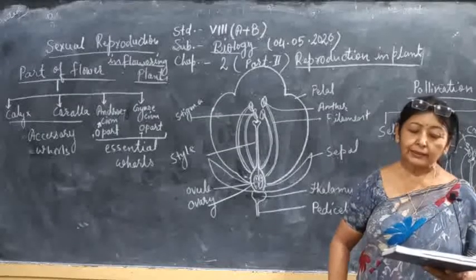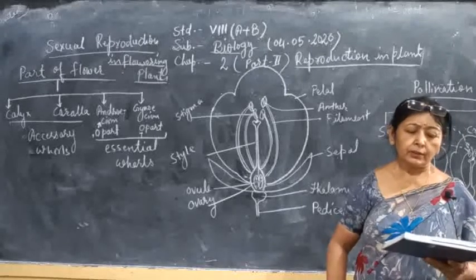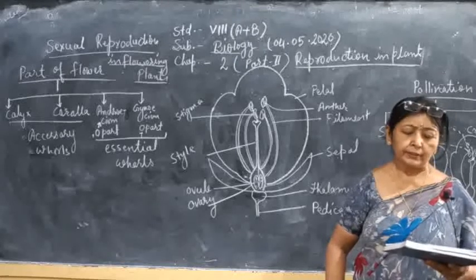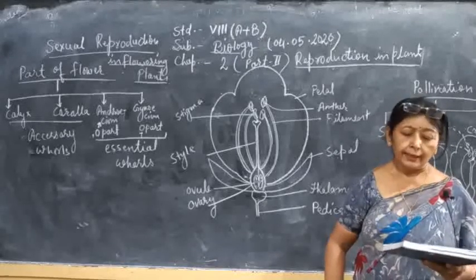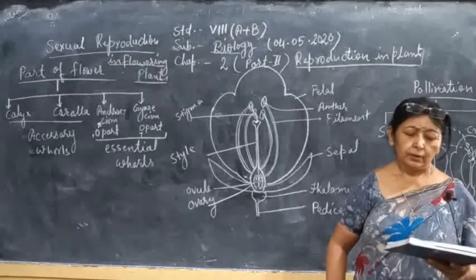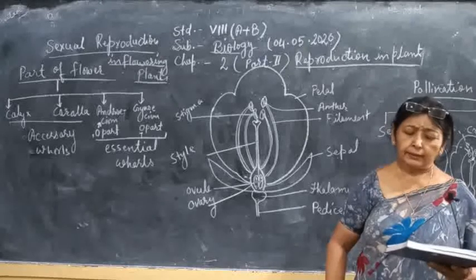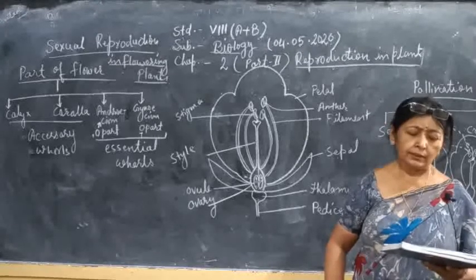Now we start the characteristics of flowers pollinated by wind, water and insects. Wind-pollinated flowers are small and have dry and light pollen grains which can easily blow away.